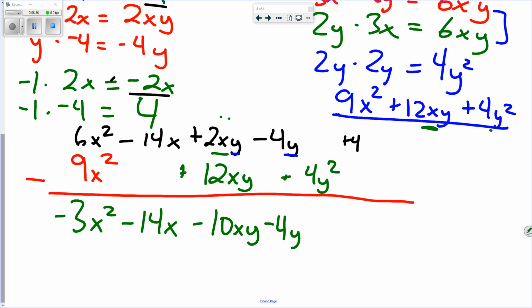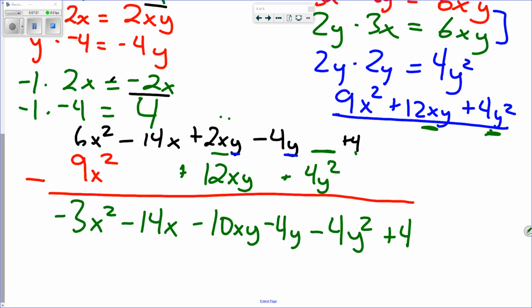Right here would be where the y squared would be. There's nothing there. So it's 0y squared. We subtract the 4y squared from our blue section here, and we get negative 4y squared. And we look at our constant term here in the black. Do we have a constant term in the blue? No. So that just drops down there.